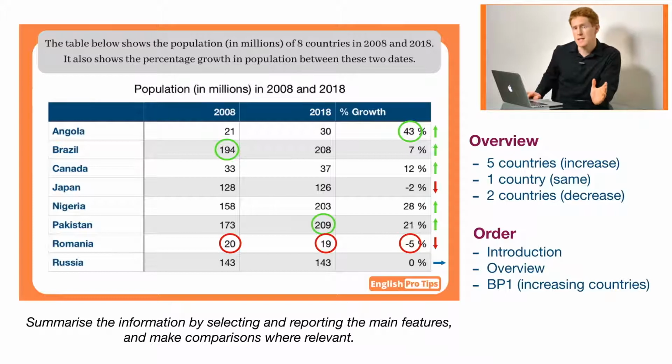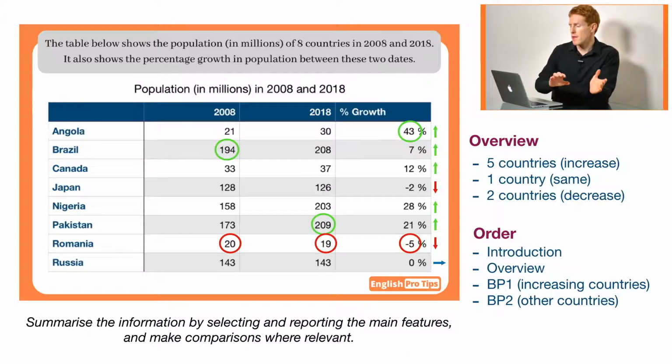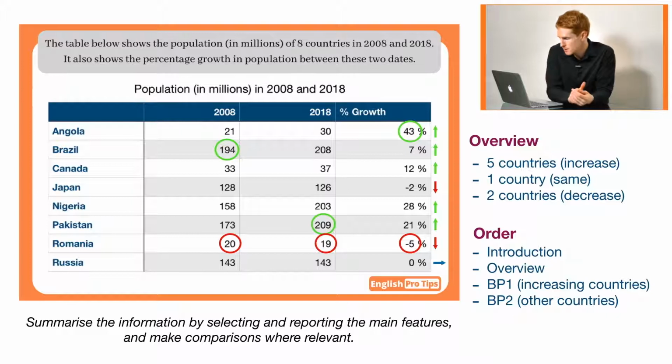And I would also have a second body paragraph with the other countries. So the other countries being the countries that didn't increase, namely Japan and Romania, which decreased, and Russia, that stayed the same. You could also, for example, have another body paragraph just about Russia, because that country stays the same.